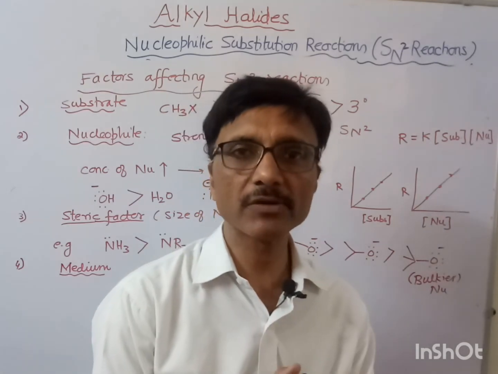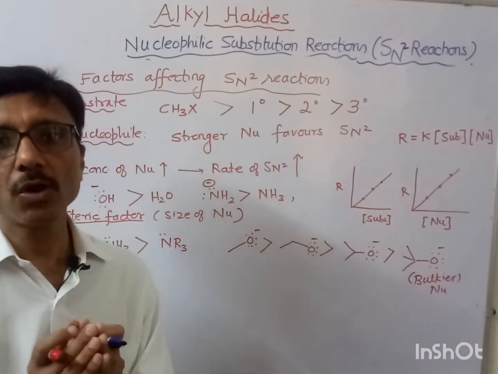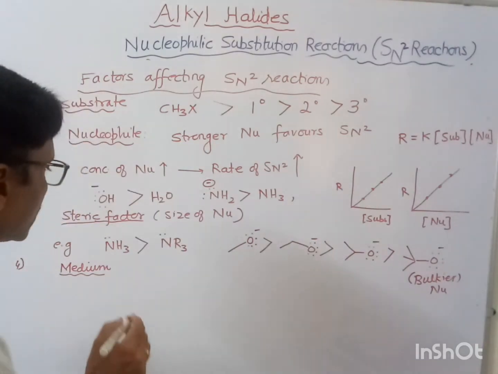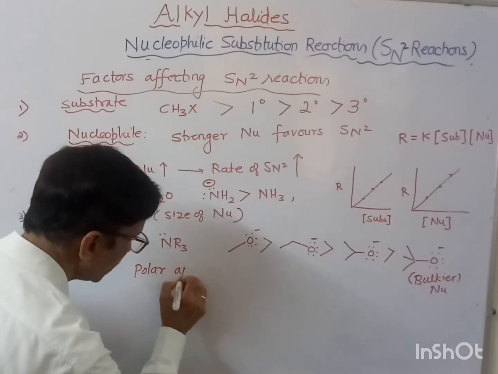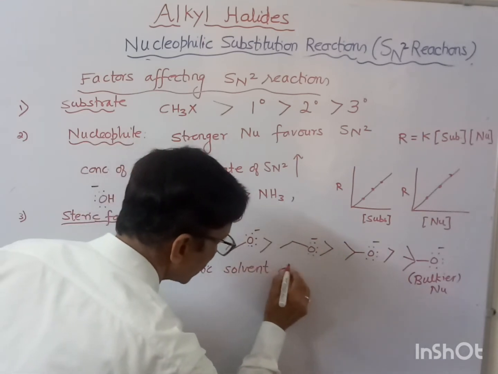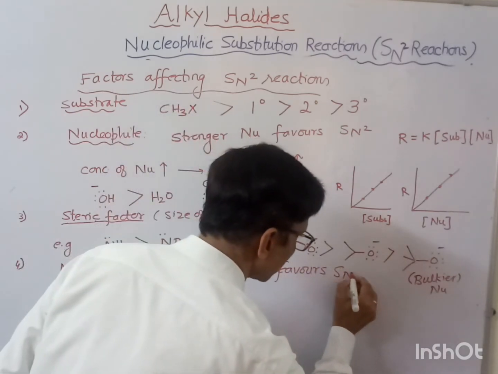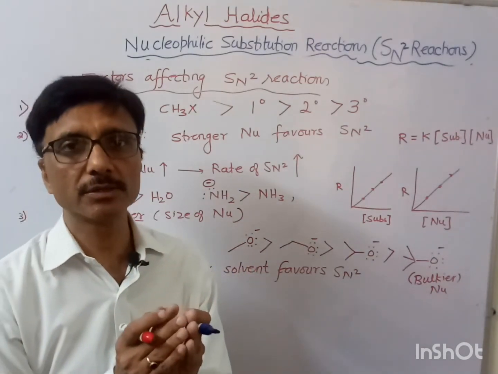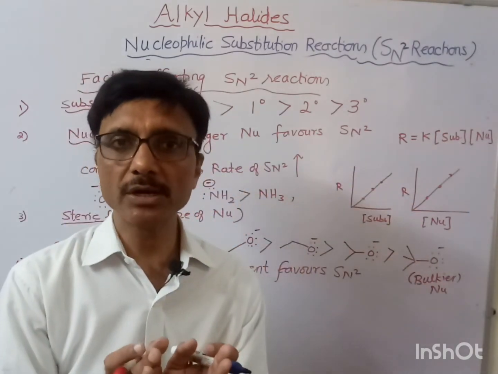Now, as I have already discussed in my previous lecture, the solvent may be polar protic or polar aprotic. This SN2 reaction favors the polar aprotic solvent. Why? Because a polar protic solvent forms hydrogen bonds with the nucleophile, and it forms a strong shell around the nucleophile.